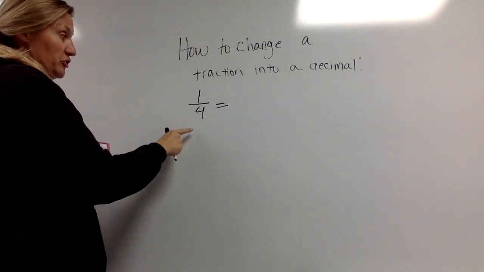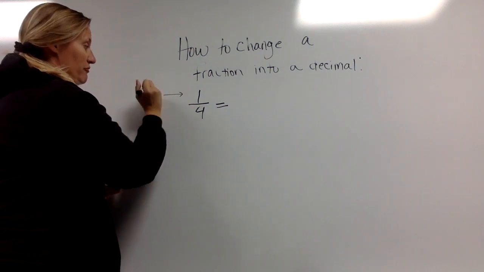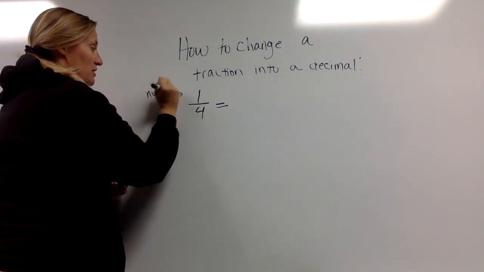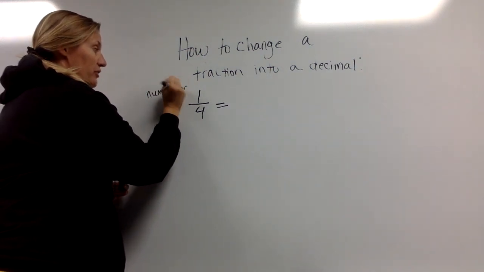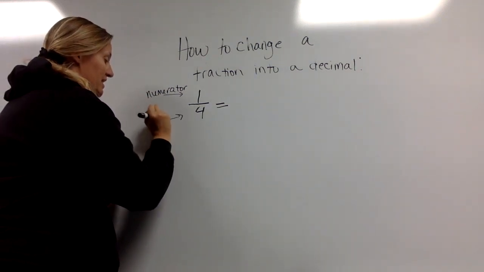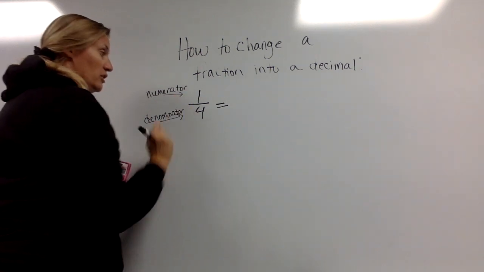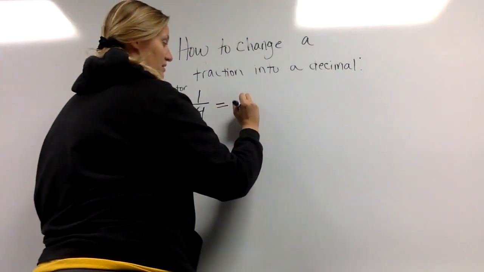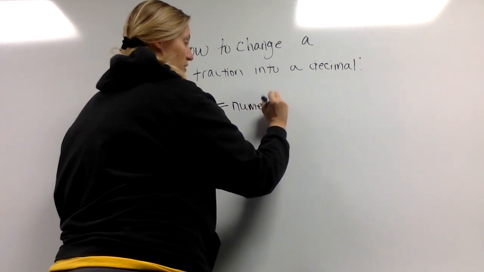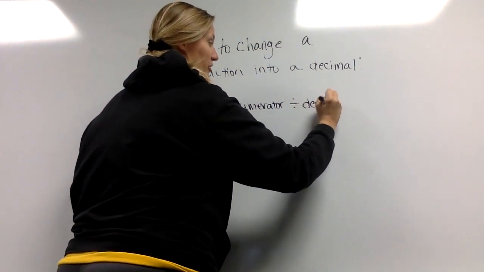What you are going to do every time is remember that the top number of a fraction is called the numerator, okay? And the bottom number of a fraction is the denominator. You will simply take the numerator divided by the denominator.